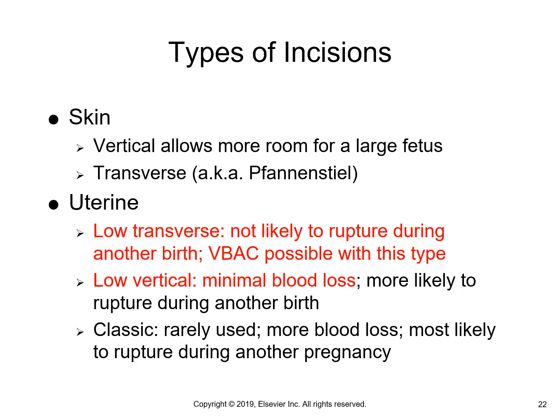So the first one is what we call low transverse incision. The second one is your low vertical incision. And the third one is what we call classic incision. For your low transverse, this one is not likely to rupture during another birth.